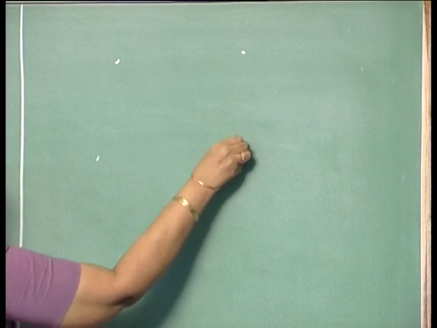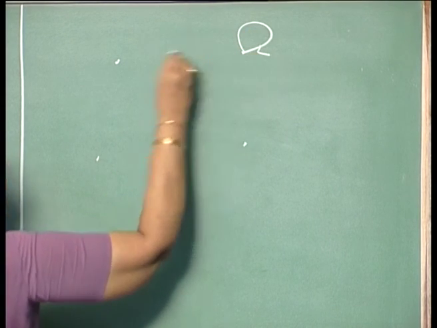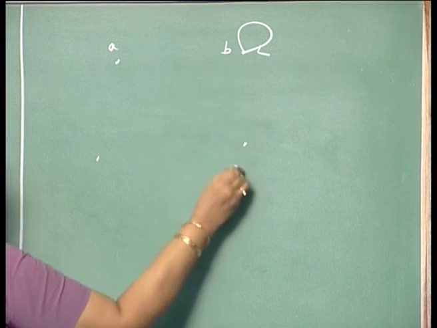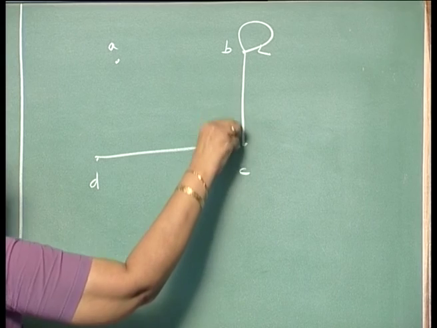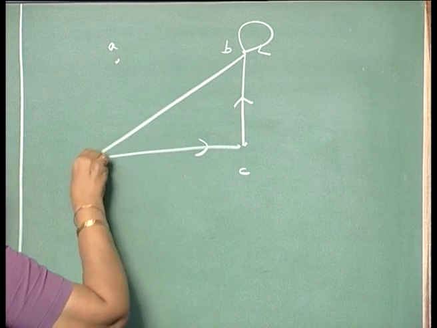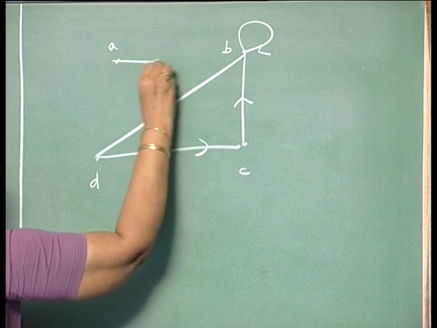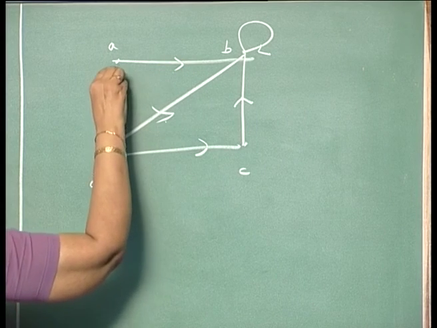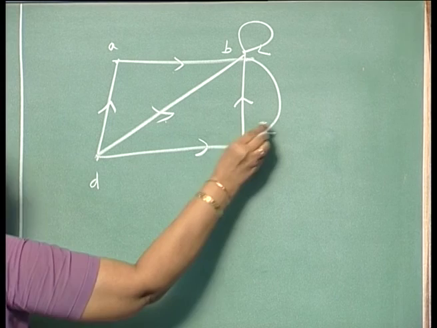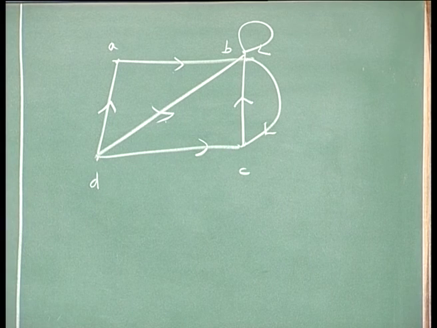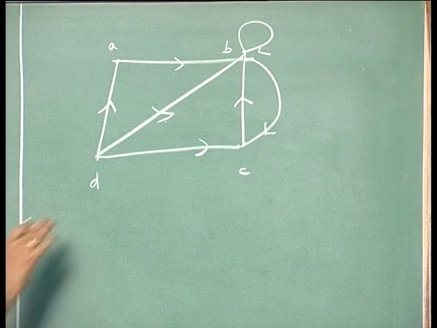Take some graph like this, A, B, C, D. This is a directed graph.